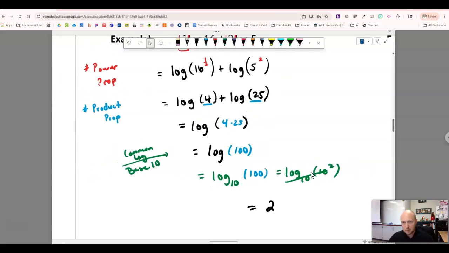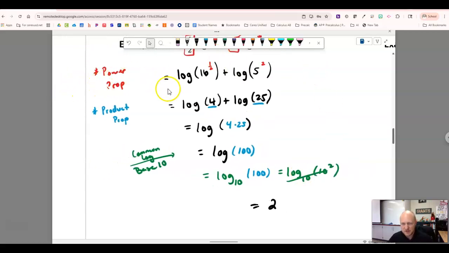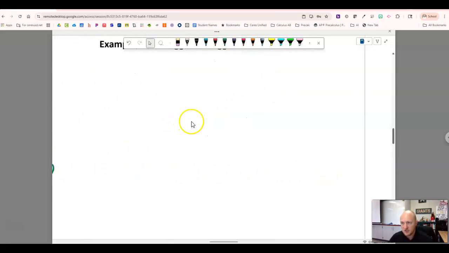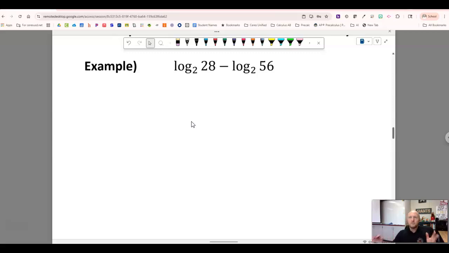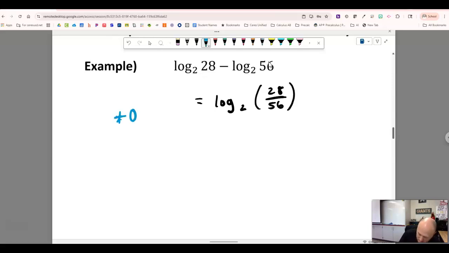But again, the properties that are important, power property first, usually then followed by a product or a quotient property. Let's look at example number 2. Here's example number 2. No power property to utilize here, but what I do have is the quotient property. I get 28 divided by 56. Again, this is the quotient property of logarithms, okay?